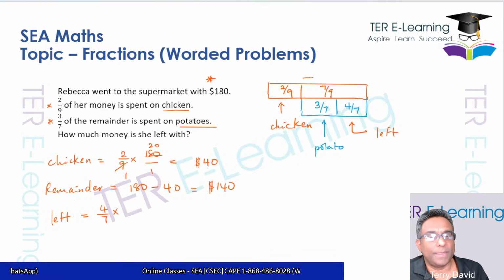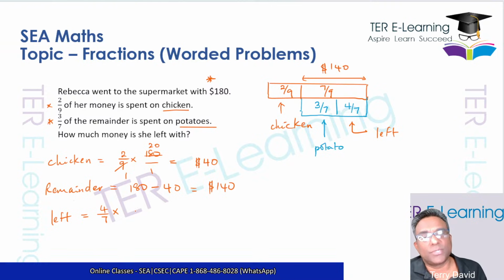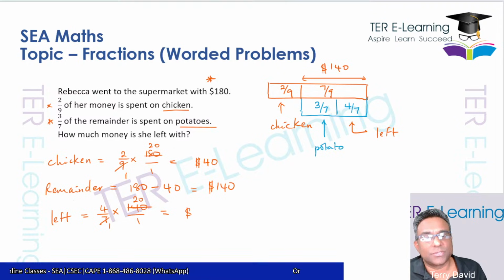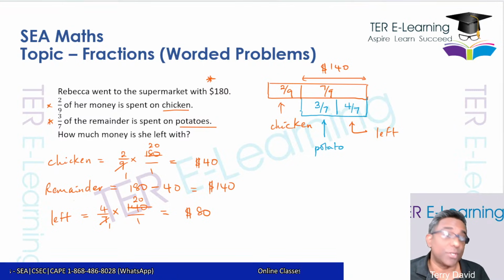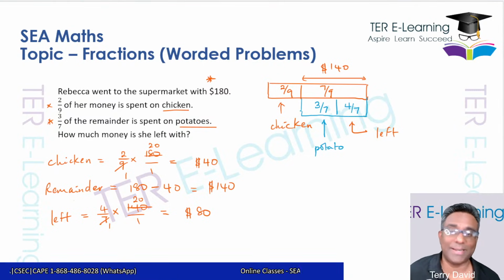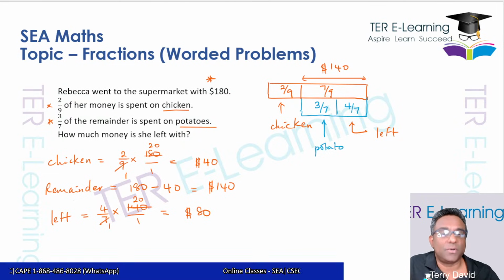This remainder corresponds to your $140. So all I need to do is to find 4/7 of 140 over 1. So 7 into 7 is 1. 7 into 140 will be 20. So 4 2s are 8. So this is going to give us $80. Which is what you guys are getting, which is great. There's $80 that is left there. Awesome.